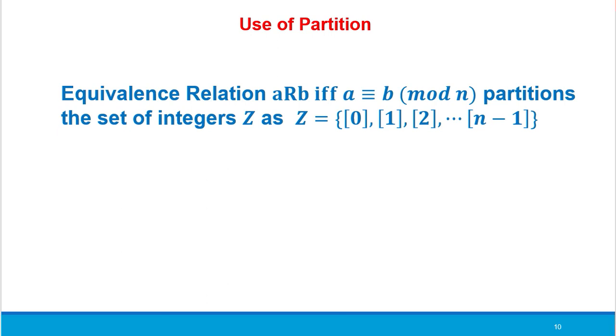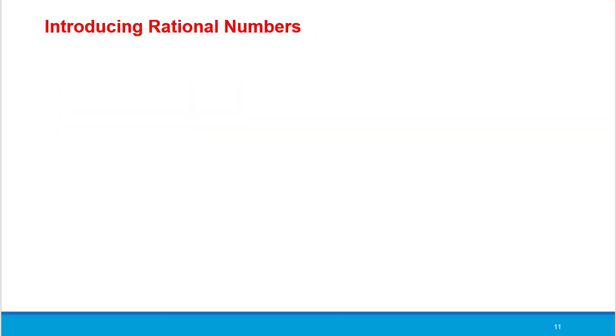Now we move to know the famous rational numbers with the help of partition and equivalence relation. So let us recall our school days and recall the definition of fractions.